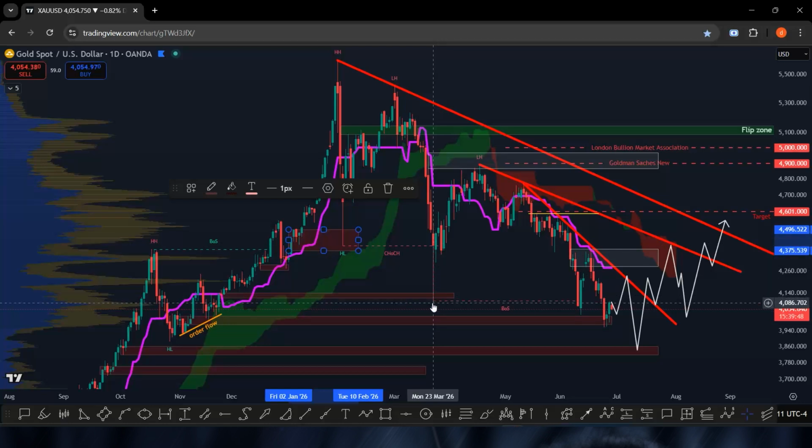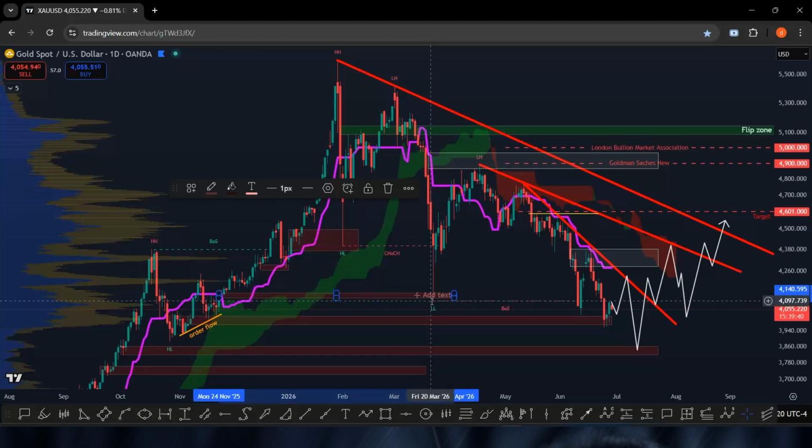Here we broke the order block and engulfed it to the downside, which means we consumed all the liquidity inside this order block, and after that we tested that level with the body of the candle.